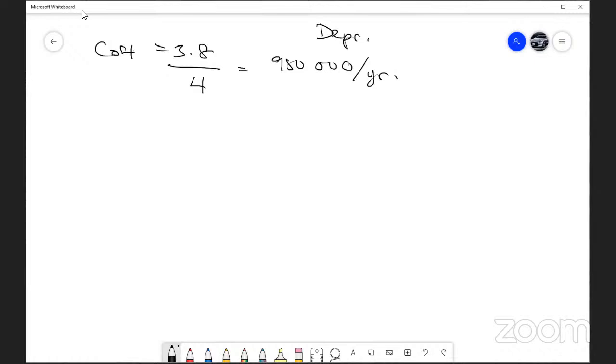So do your income statement now. Sales, how much do they generate? 2.5 million. How much is the cost? Cost of goods sold is 25% of your sales.